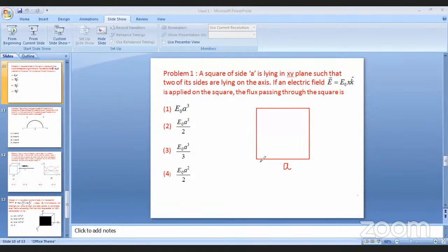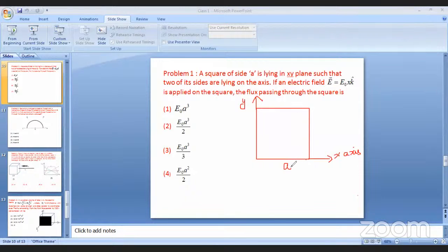It is lying in the xy plane. So here you have the y axis, and here you have the x axis. The square is lying here.